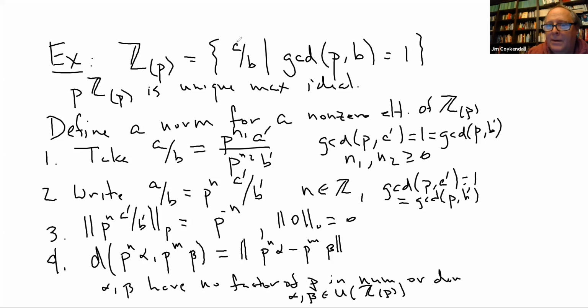Now, and the way you can do this is, so what happens with this? Well, if you look at the distance between p to the n alpha, whoops, my bad.